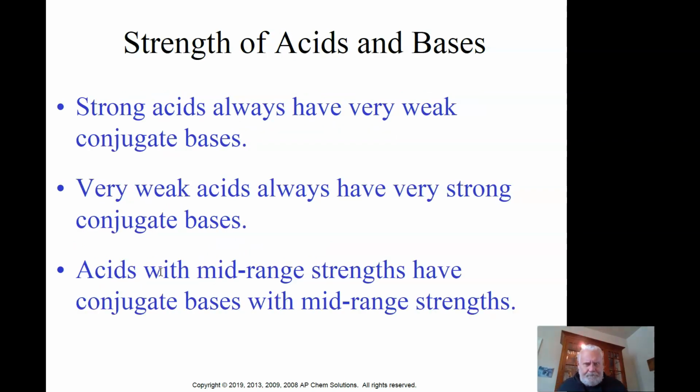All right? Now, when these things pair up, a strong acid would always have a very weak conjugate base, and a very weak acid will always have a very strong conjugate base. That's a back and forth kind of thing going on. Now, if you think about it, if something was unwilling to loan out your pen, you're like, okay, I'll let you use it.